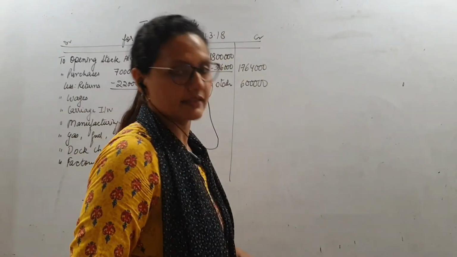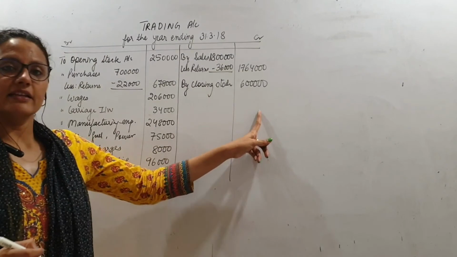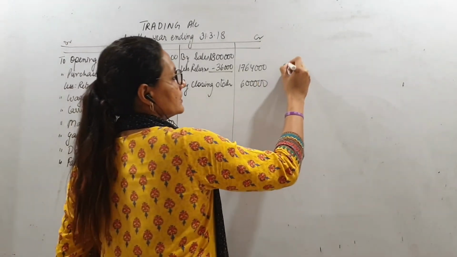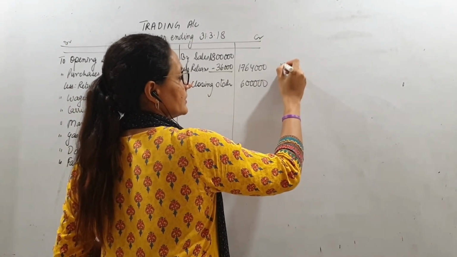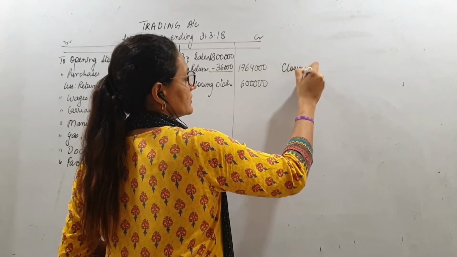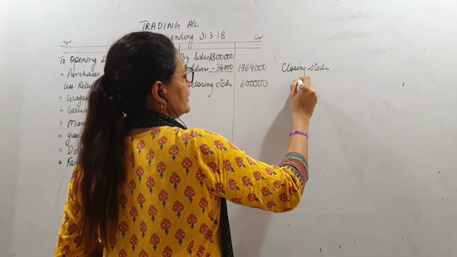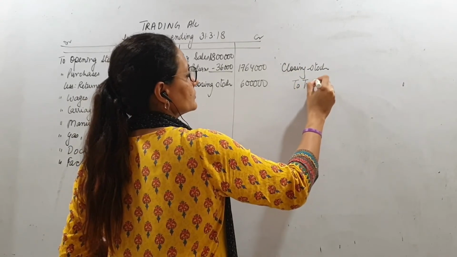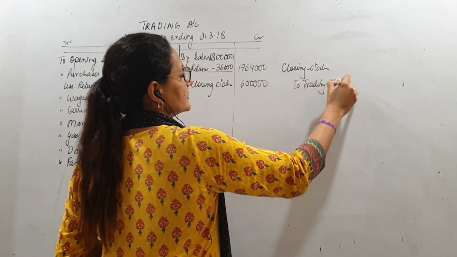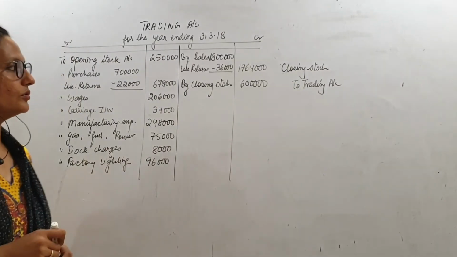What is the closing entry for this? Closing stock account debit, to trading account credit.